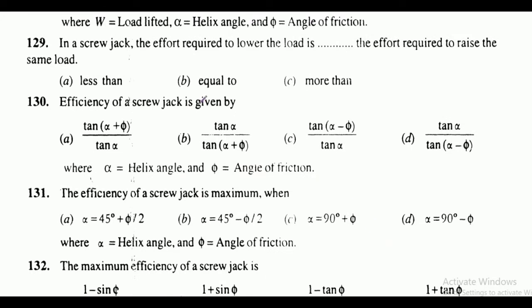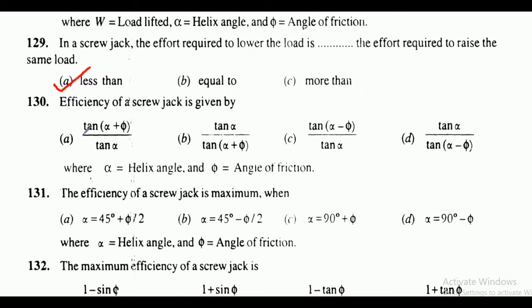Okay, next is question 129. In a screw jack, the effort required to lower the load is dash the effort required to raise the same load. Options are less than, equal to, or more than. Here correct answer is option A, that is less than.